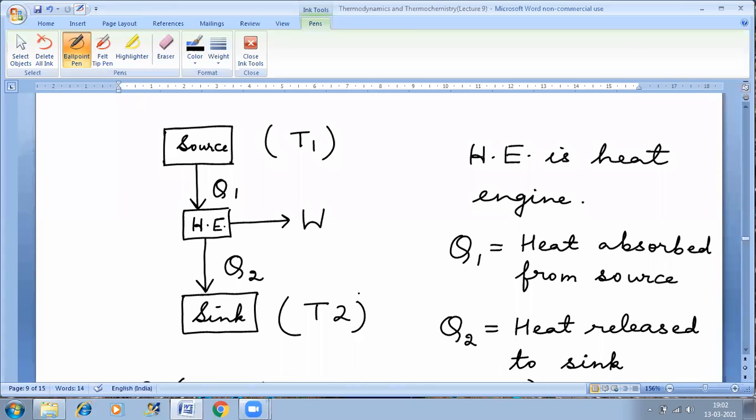HE is the heat engine. It absorbs Q1 heat from the source and it rejects Q2 amount of heat to the sink. And W is the amount of work done by this heat engine.